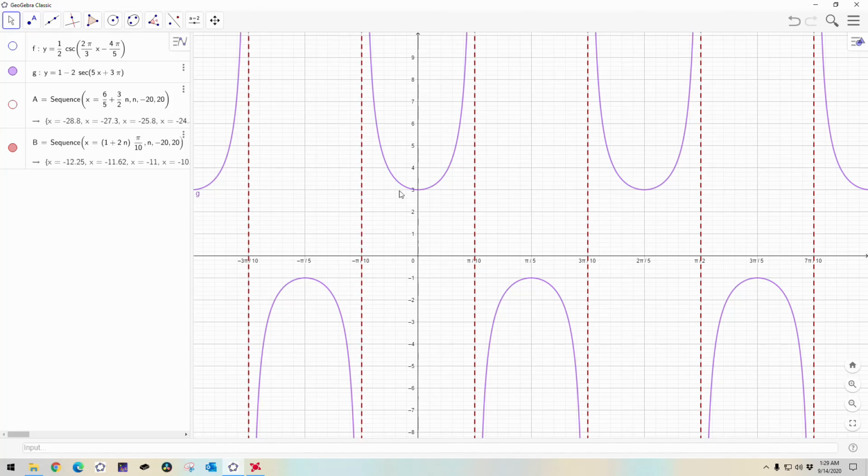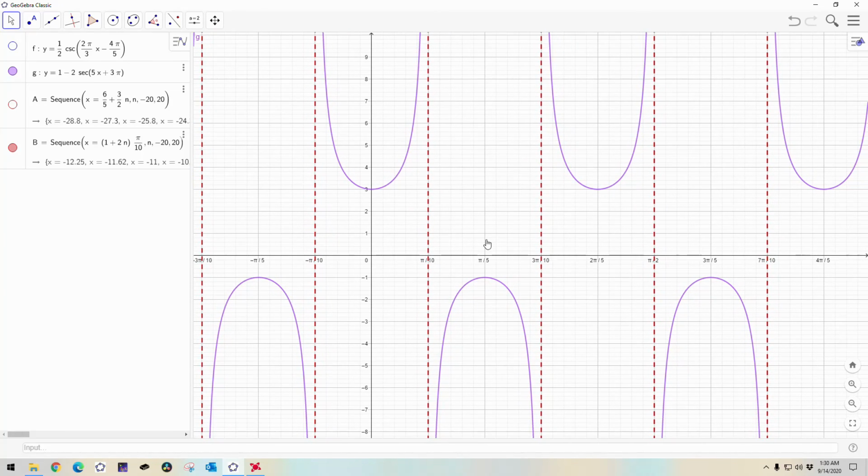The thing starts right here with a peak on the mark there, and then at pi over 5, and then at 2 pi over 5, and at 3 pi over 5 we have the peaks in those spots there, the way that we were discussing before. Okay, and then of course the asymptotes being on pi over 10, 3 pi over 10, and that's how I was able to number them the way that we did using the tenths.